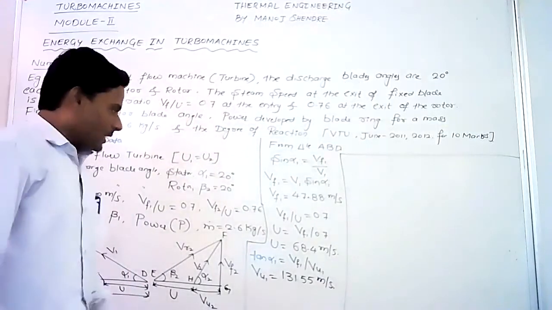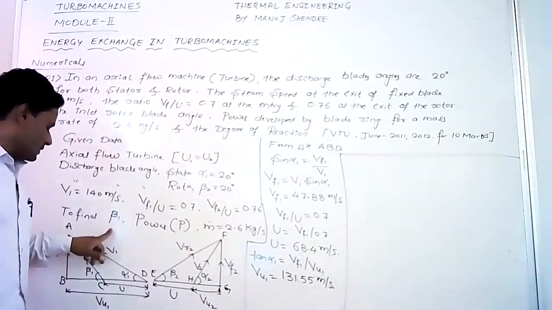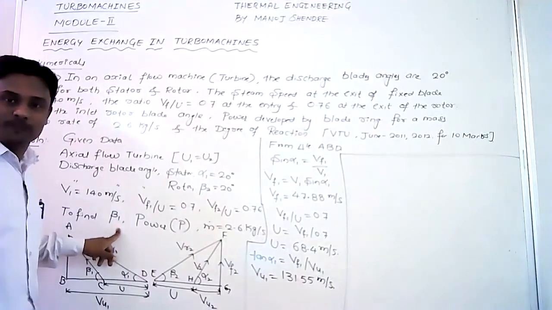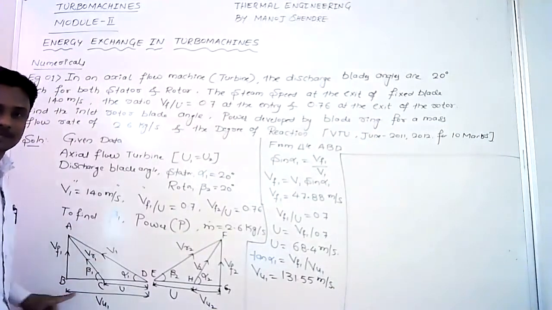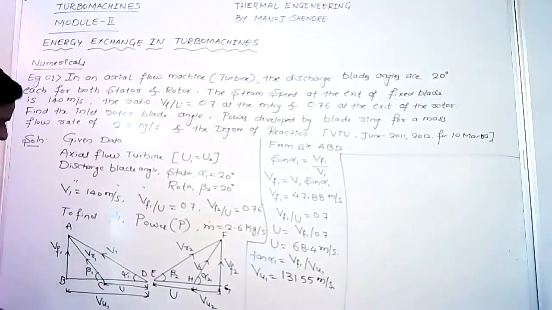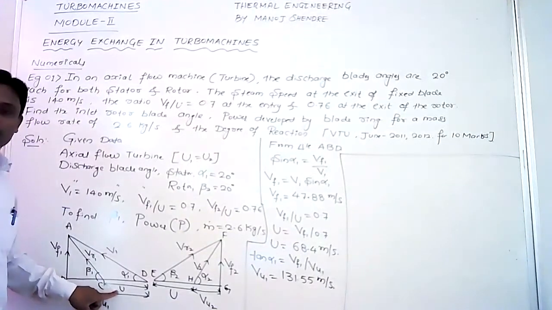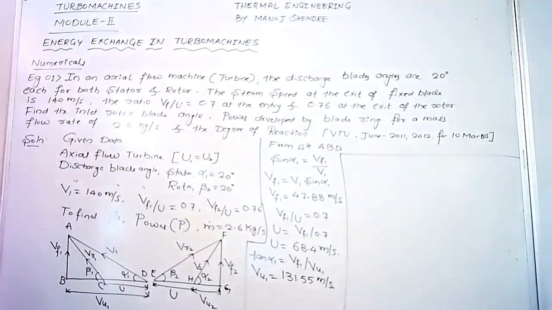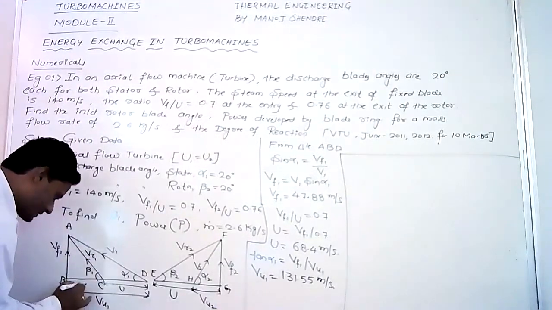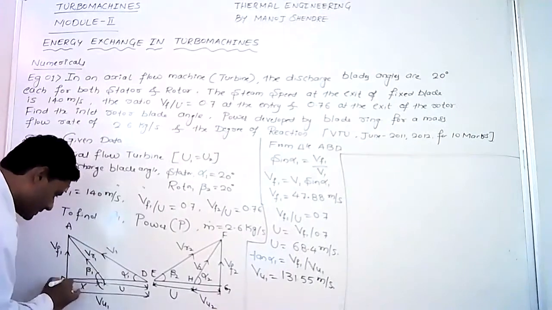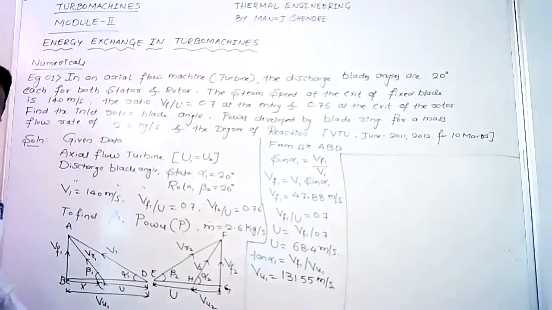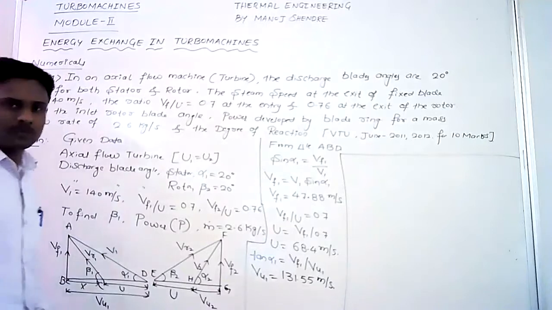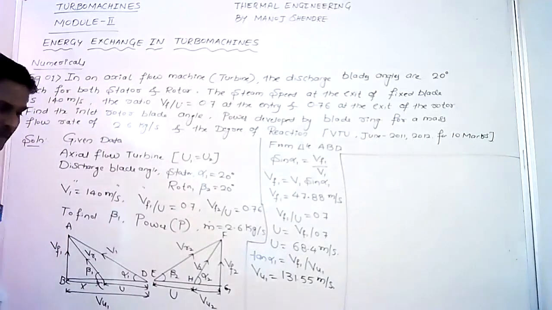So now the first bit is to calculate the value of beta 1. From this triangle ABC, you know the value of U, you know the value of VU1, you know the value of VF1. Let us take BC as X. So X is nothing but VU1 minus U. You can use tan here.